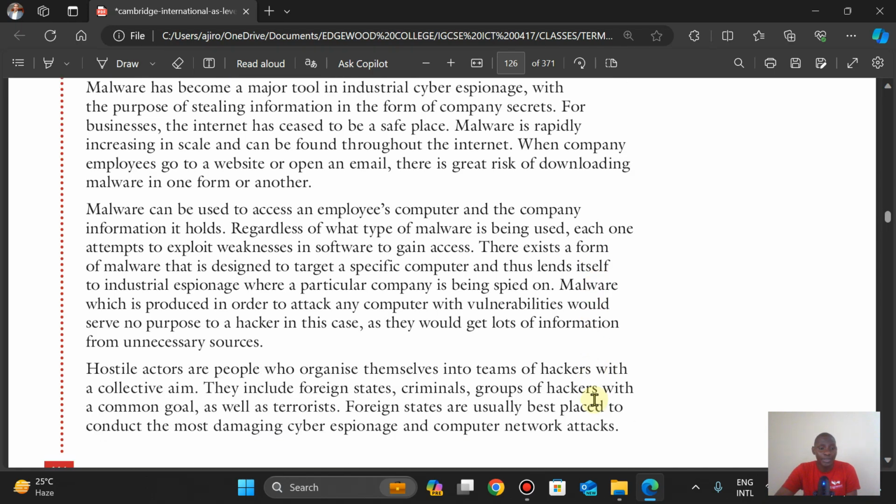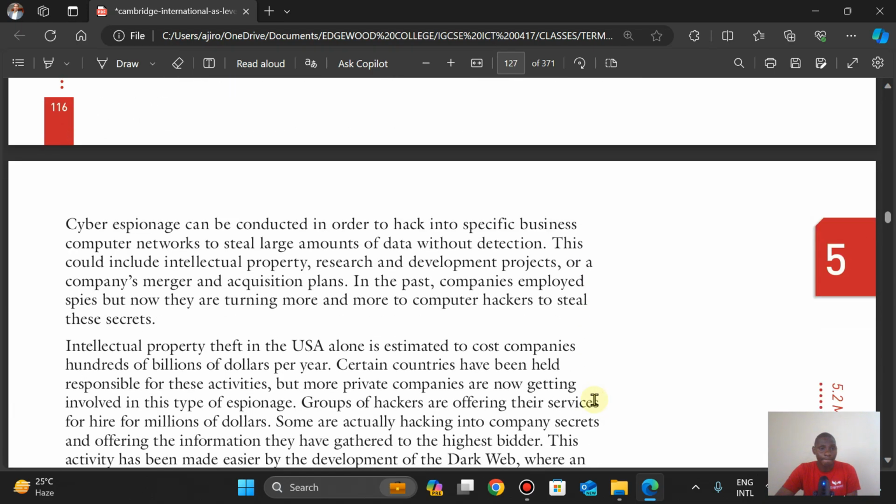So please, you have to be very careful. We talked about intellectual property theft, which in the US alone is estimated to cost companies hundreds of billions of dollars per year. Certain countries have been held responsible for these activities, but more private companies are now getting involved in this type of espionage.